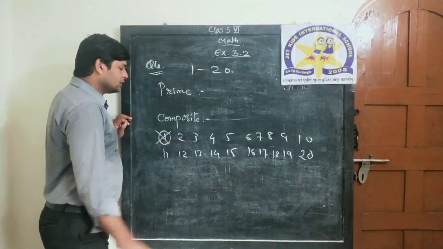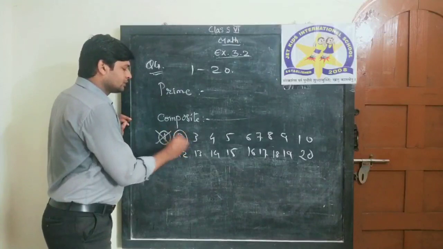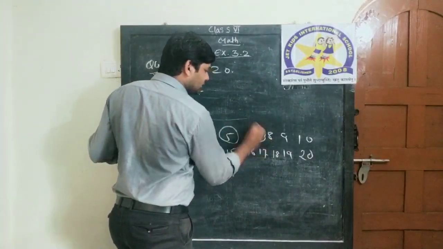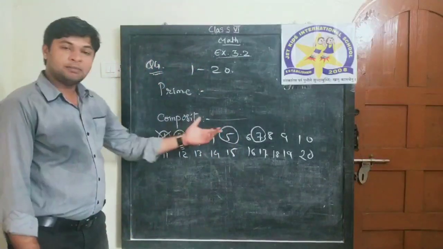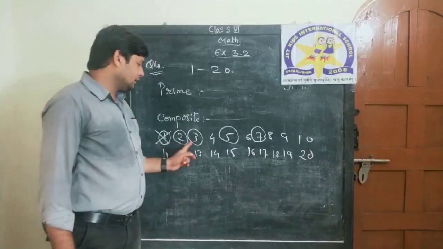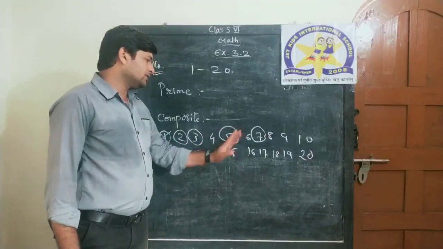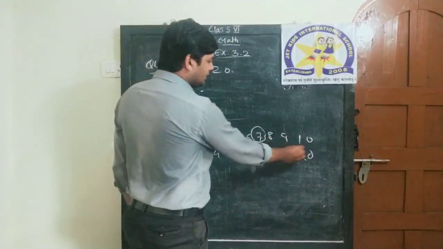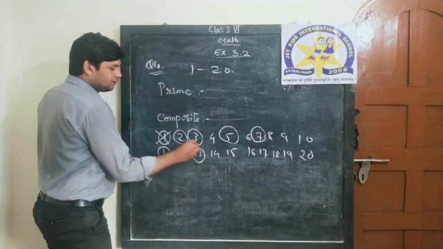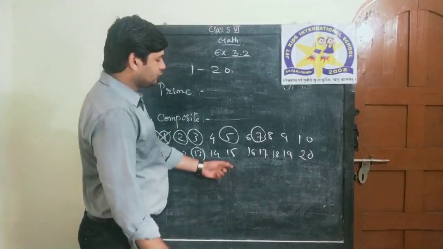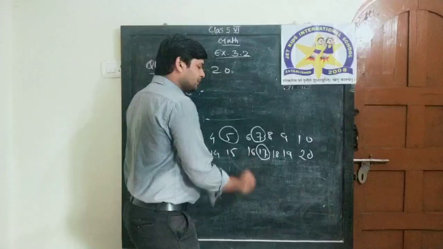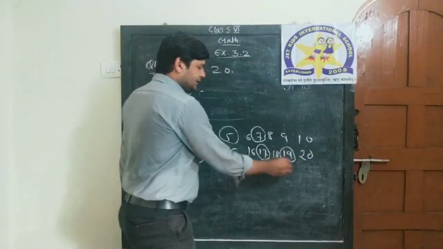Special number 1. So 2 is a prime number, 3 is prime, 5 is prime, 7 is prime. Same manner, we are circling the numbers which are prime. 8 is not prime, 9 is not prime, 10 is not prime, 11 prime, 13 prime, 14, 15, 16 are composite, 17 prime, 19 prime, 18 and 20 are not.